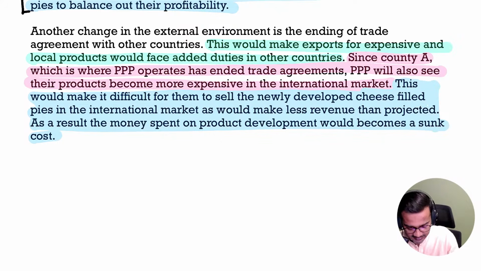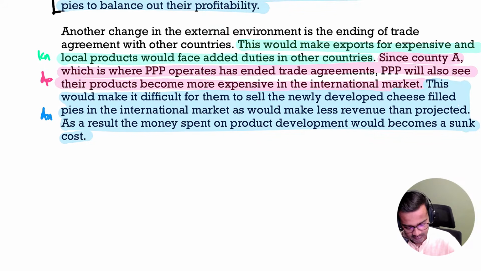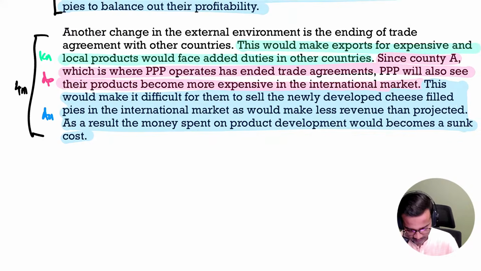So 3 clear layers again. My knowledge, application, analysis. Combine those, you've got another 4 marks. Right? Doing this would mean that you are forcing the examiner to consider giving you full marks. Okay, you've given them everything they were asked for.